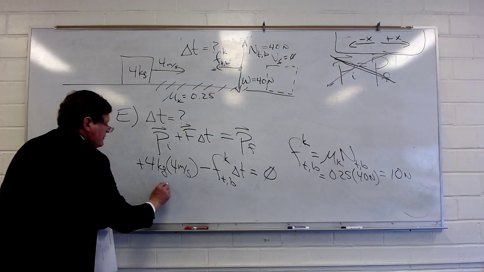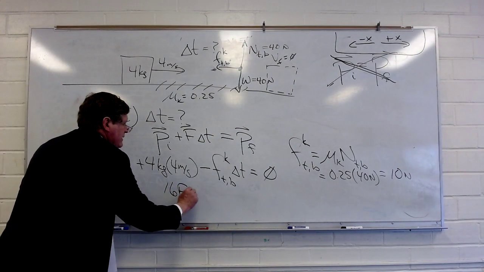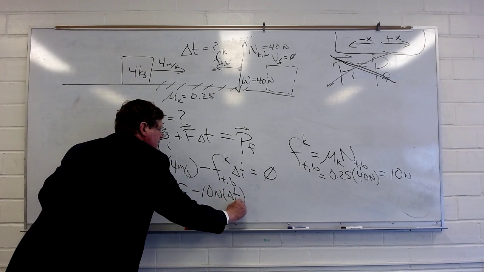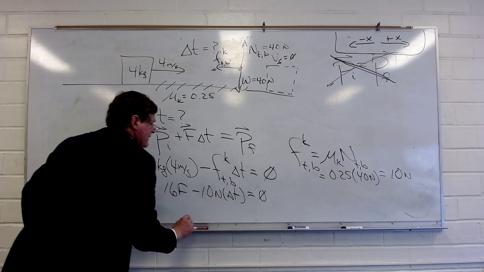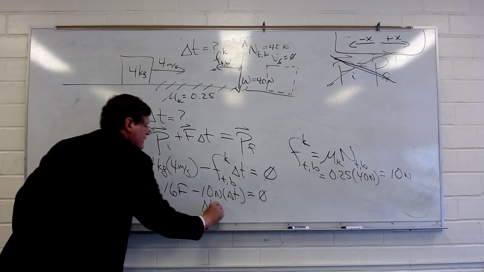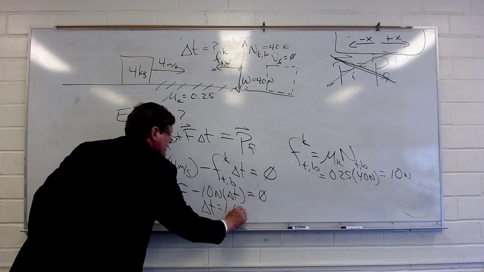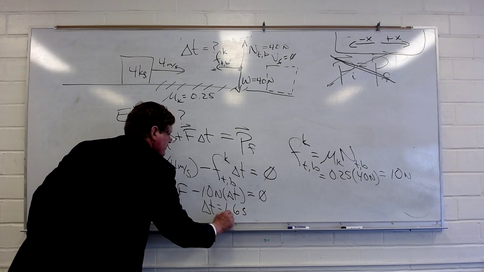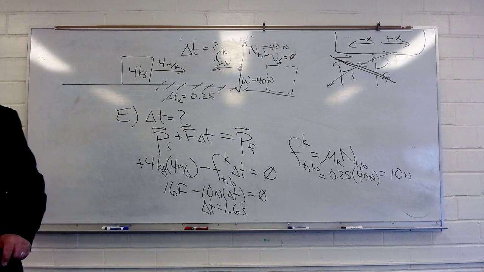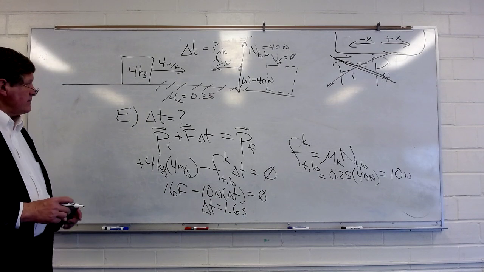So now I've got 16 minus 10 newtons times delta t is equal to 0. And if I solve that for delta t, I get 16 over 10, or 1.6 seconds. Okay? So that's the answer to the final part.